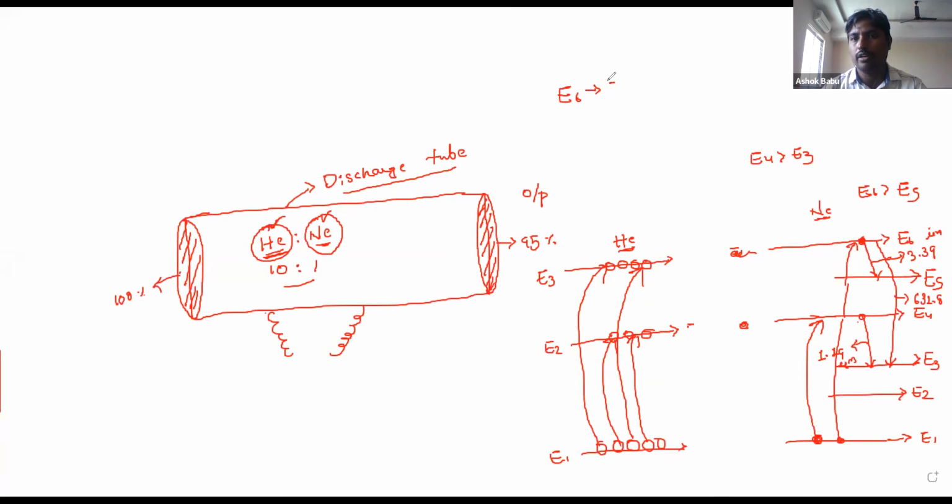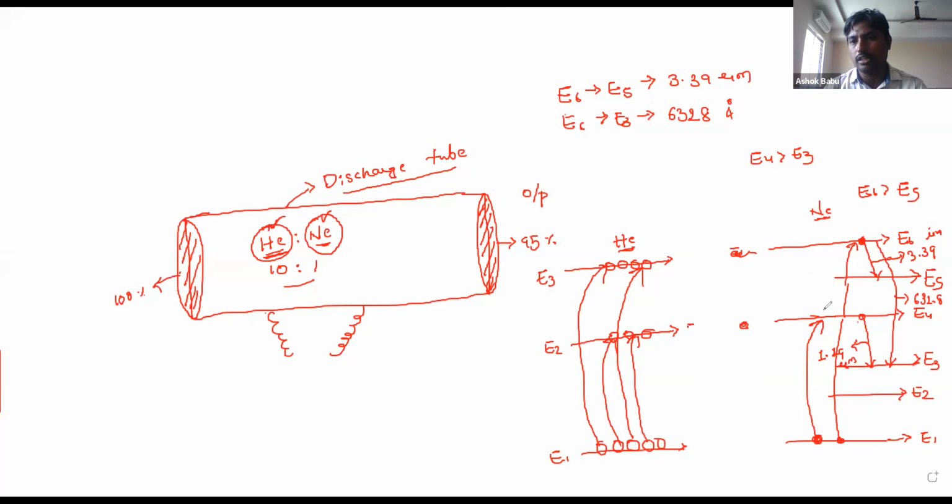So the first laser transition, between E6 and E5, has a wavelength of 3.39 micrometers. The second transition, the major transition between E6 and E3, is 632.8 nanometers, or 6328 angstrom units.